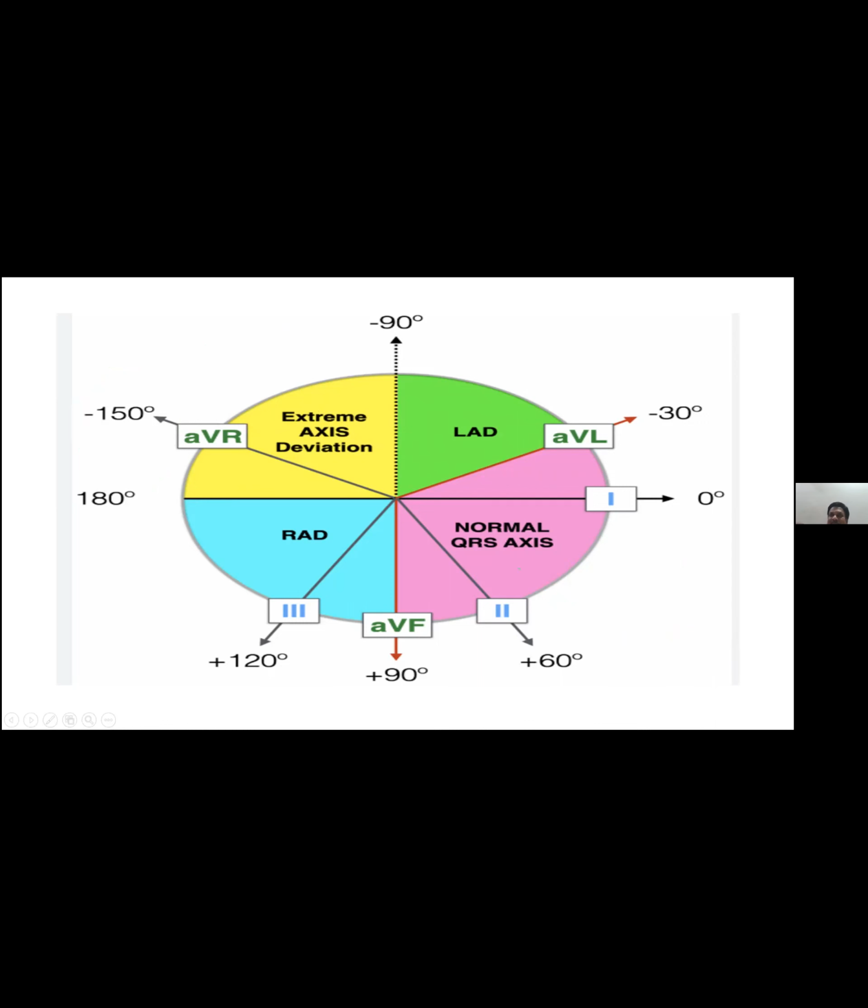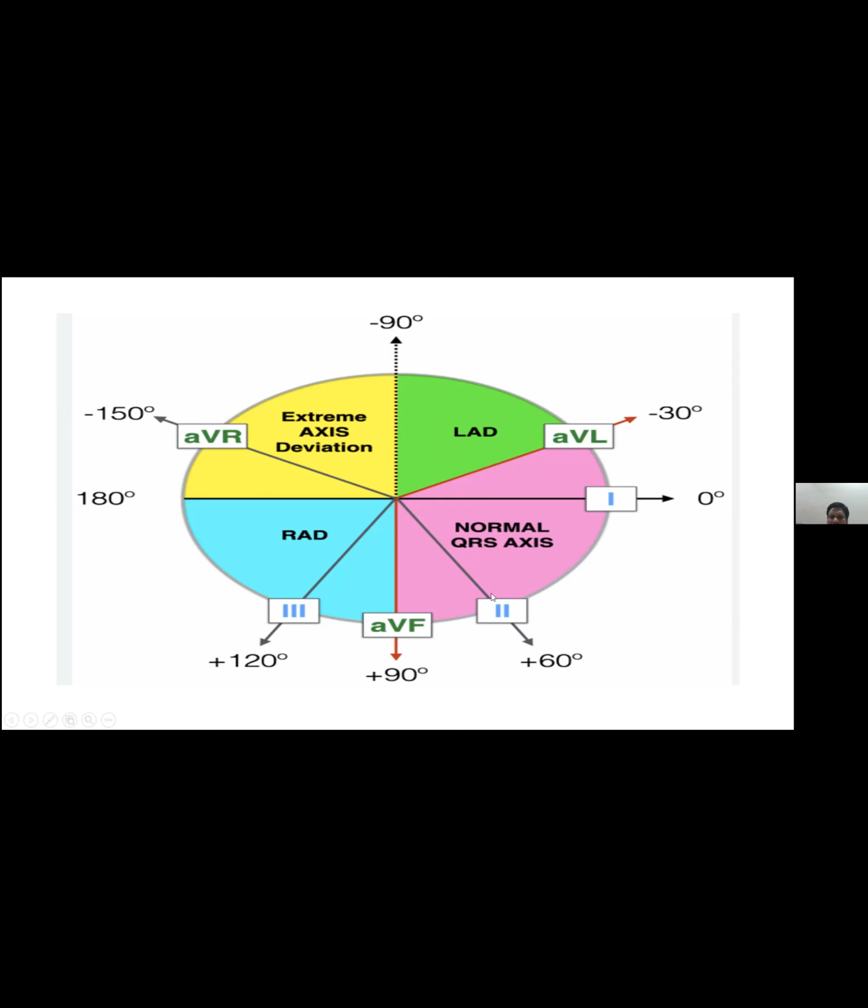That is the reason that in sinus rhythm, lead 1 will always be positive and the P wave in AVR will always be negative. So in the definition of sinus rhythm, the P wave is upright in lead 1 and inverted in AVR. This is the reason.